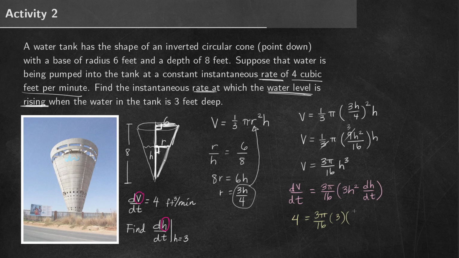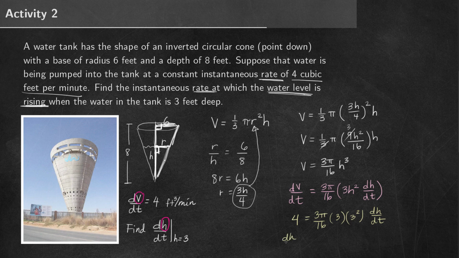What is h? Well, remember, we're trying to find the derivative, dh/dt, when h is 3. So the value of h at this moment in time is 3. So I'm going to put in 3 squared times dh/dt.